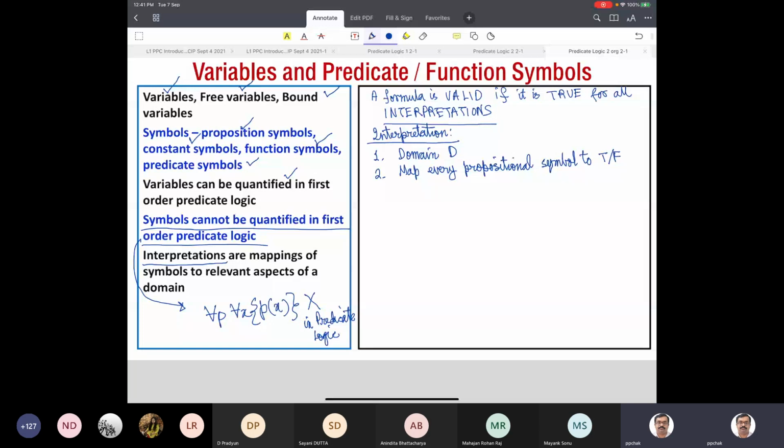Then map every constant symbol to, can anybody suggest what to do? Domain. Yes, to an element of D.